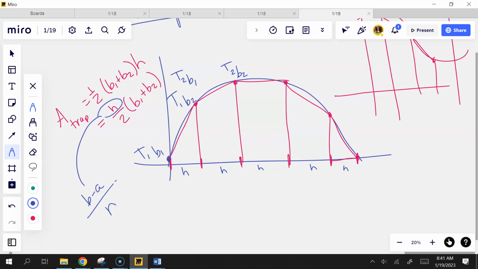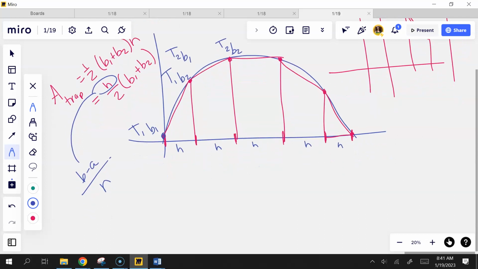Are y'all okay there? Let's give these points some names and I think it'll make more sense. Let's say this is f of 0, and we'll say f of 1, intervals of 1. I've got 1, 2, 3, 4, 5 trapezoids. Do you agree?